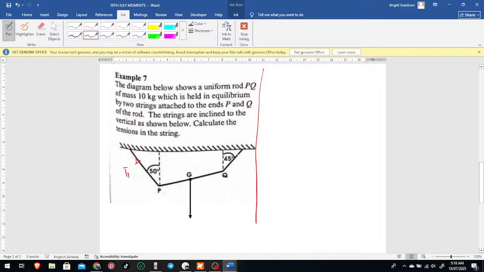If these forces are holding the thing in equilibrium, it means that when you add all of them, you have to get what? T1 plus T2 plus your weight should give you 0.